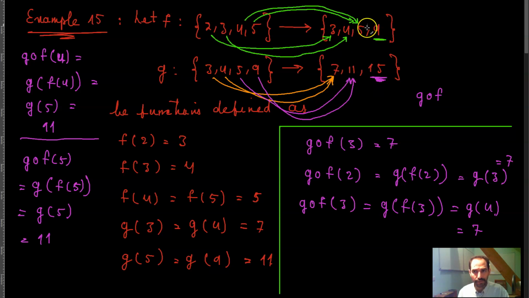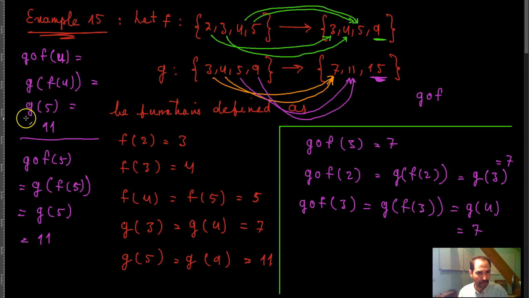So meaning that if 9, as an element of the codomain of F, is not an image of some element in the domain of the function, then even if 9 has been mapped to some element in the codomain of G, you still don't use it in any of these functions.